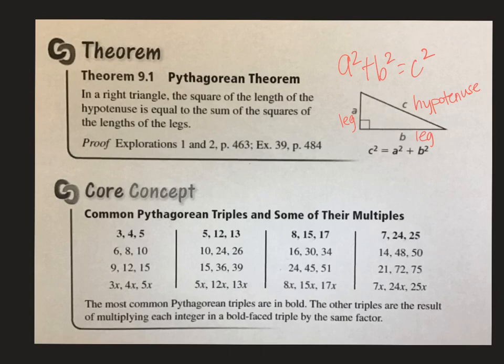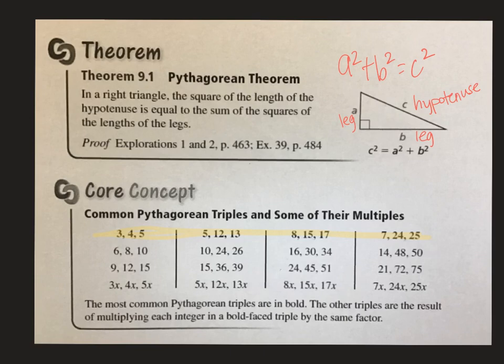We also have what are called Pythagorean triples. You won't necessarily have to memorize these, though you will use a lot of them very frequently. The top ones that I'm highlighting are the basic triples, and everything else is just a multiple of those.